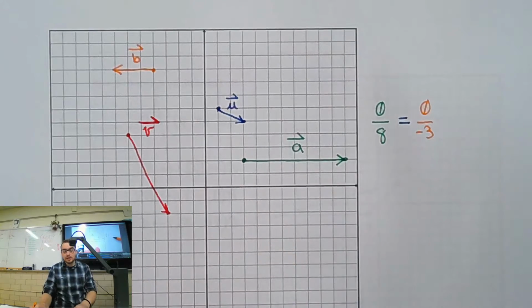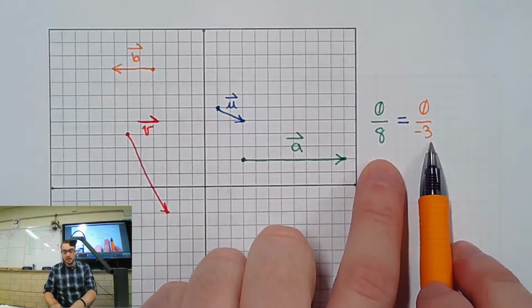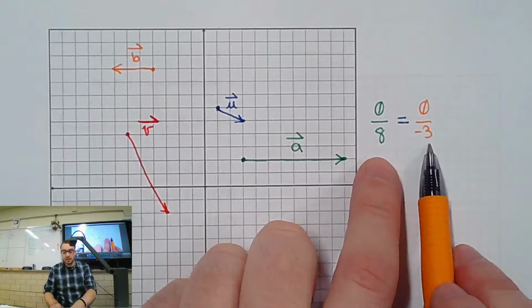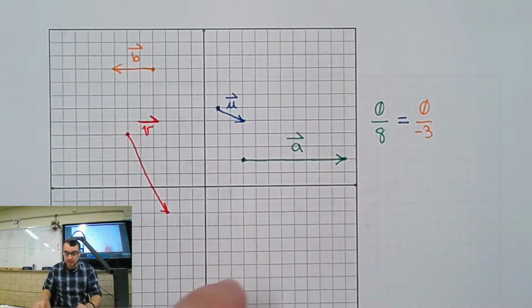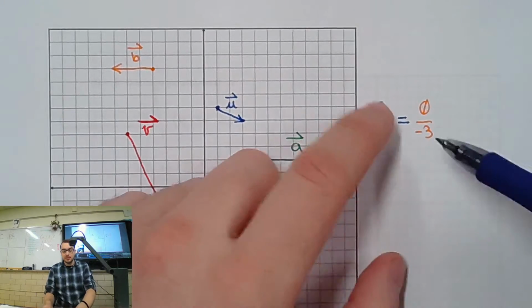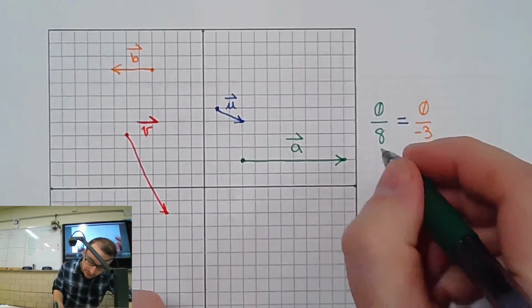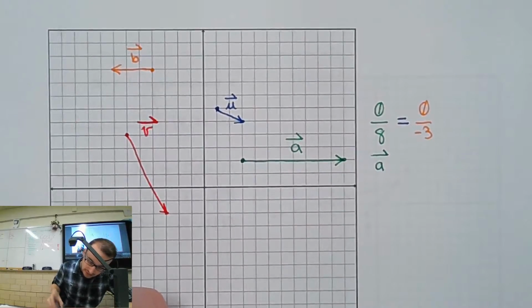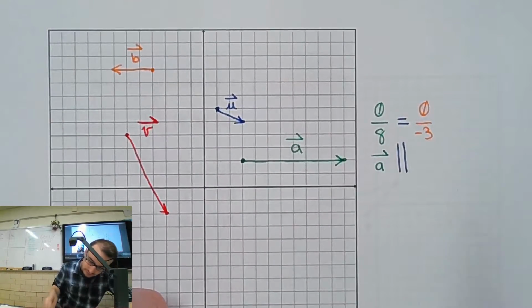When we write them as a ratio, again, vertical on the top and horizontal on the bottom, you'll notice that 0 divided by 8 is the same thing as 0 divided by -3, right? So when they're the same in ratio, that means that they are parallel. So vector A is parallel to vector B.